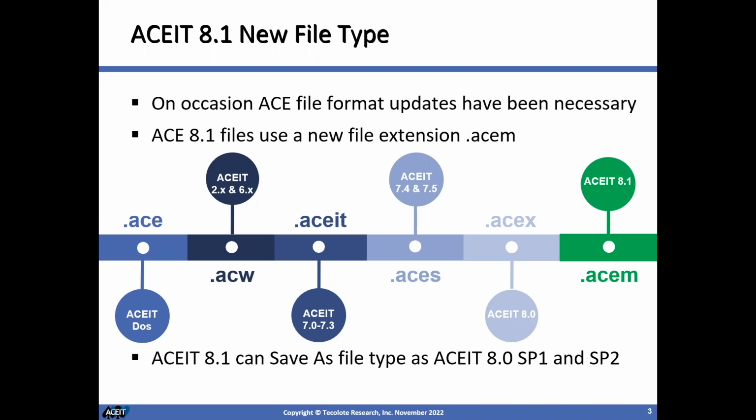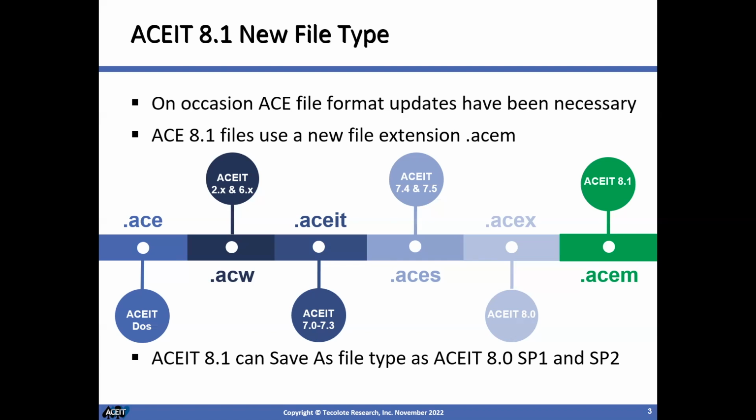With 8.1, because of some of the changes that we have made, we did need to create a new file format. That's the reasoning behind the new file format, and it's a .acem file, standing for ACE model.